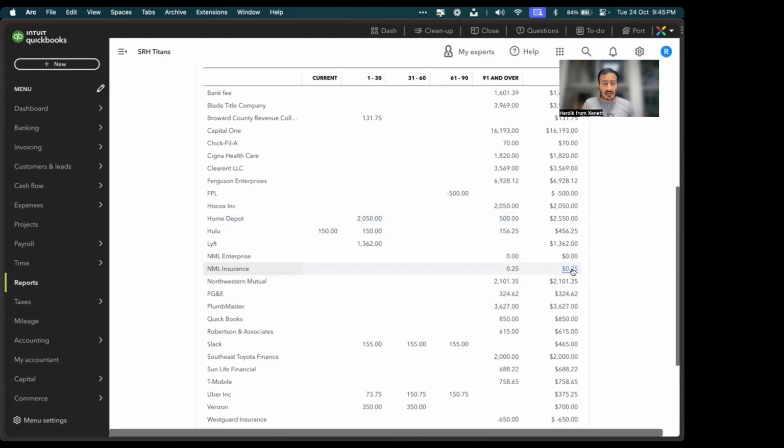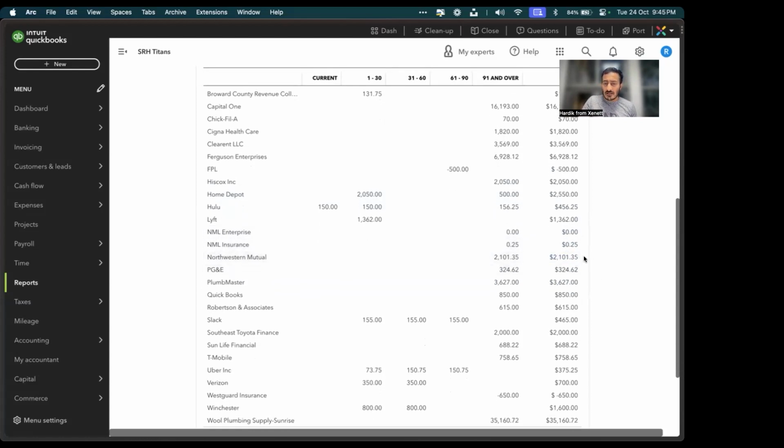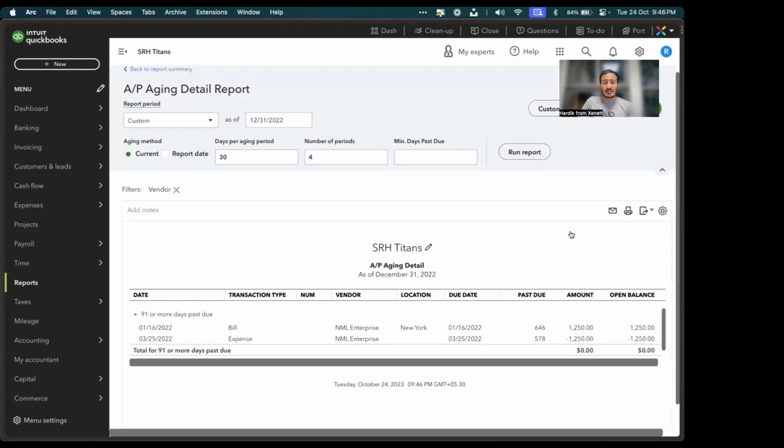Now, number three I look for is zero balance. Even though the balance is zero, it does not really mean it's right. See, we are looking at aging, which means we're looking at the vendors whom we owe something, right? If it is zero, that indicates that for this vendor there is some bill or expense or payment which is not applied towards each other.